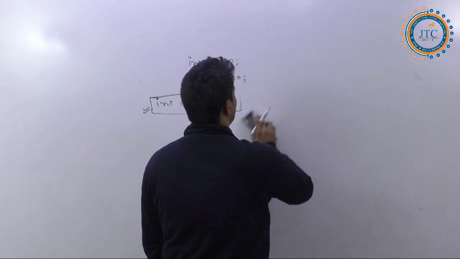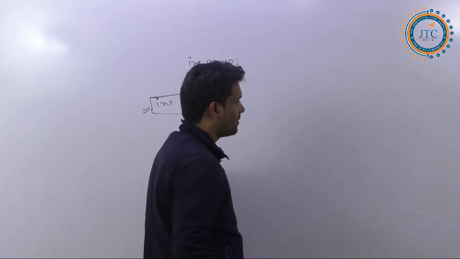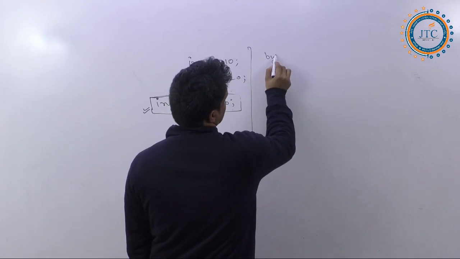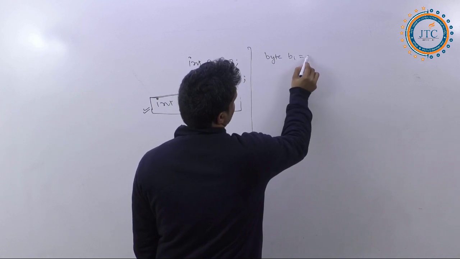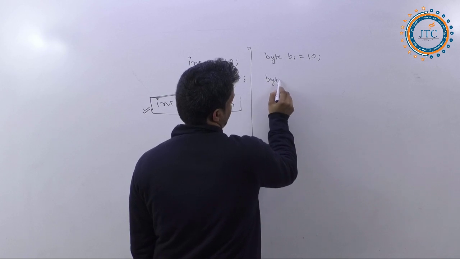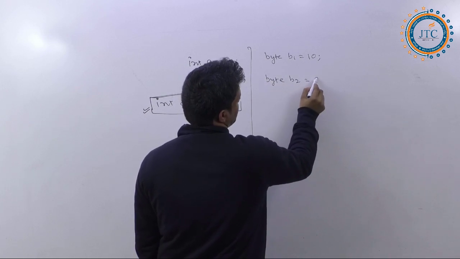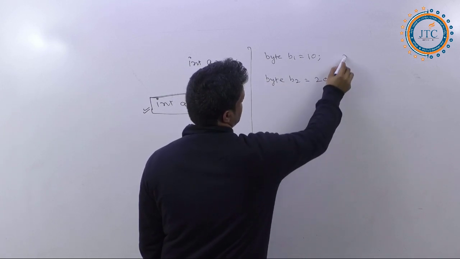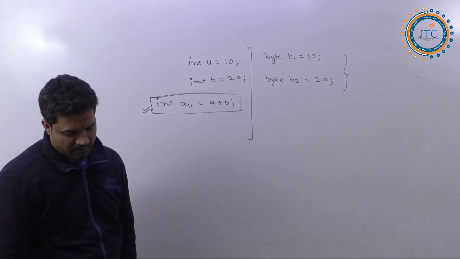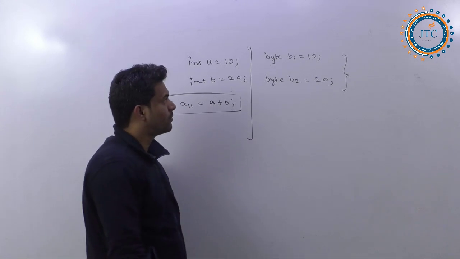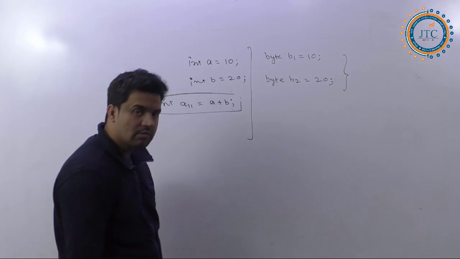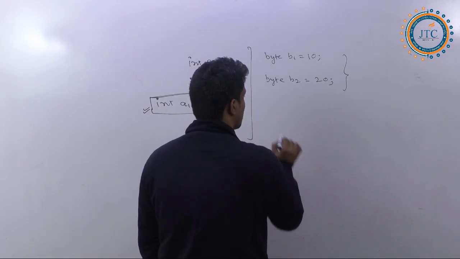At the same time, now here I am writing byte b1 is equal to 10, and byte b2 is equal to 20. Two things I have written here.